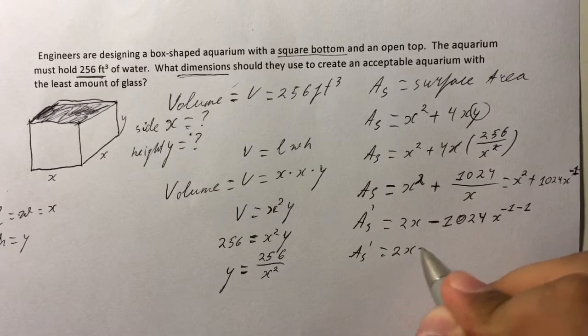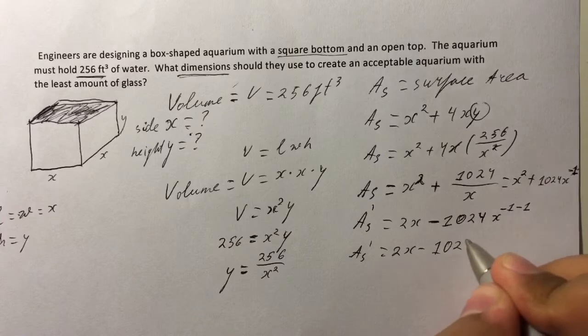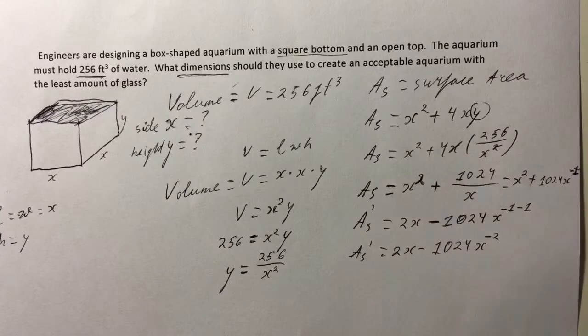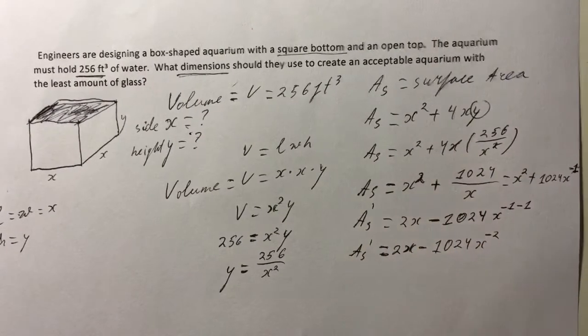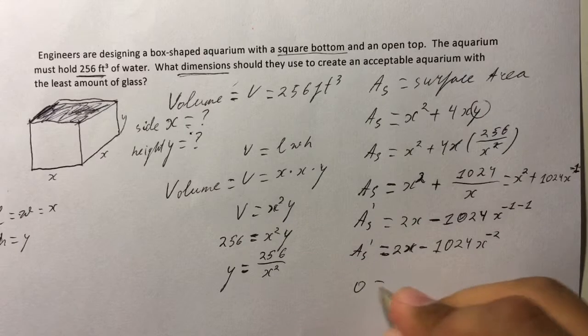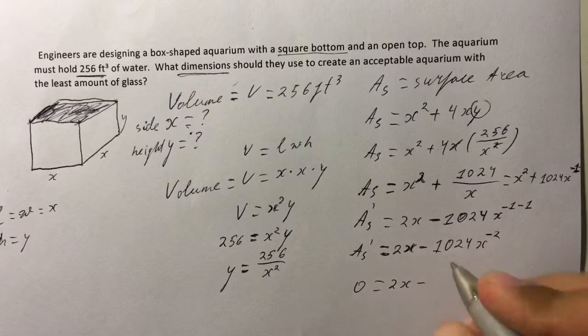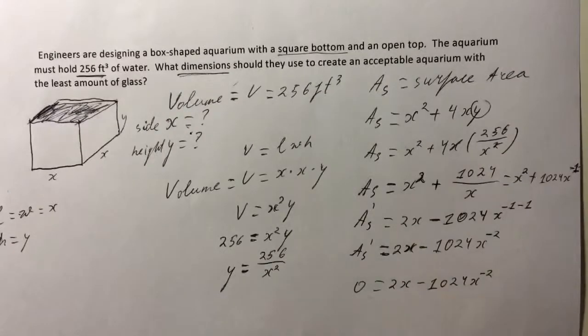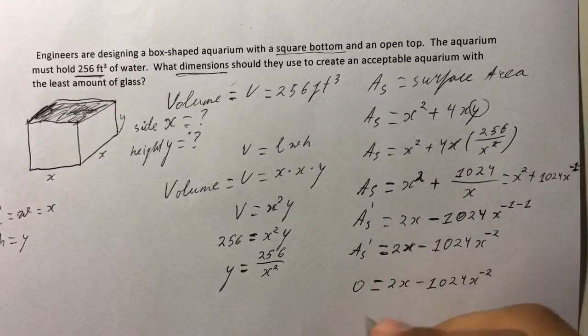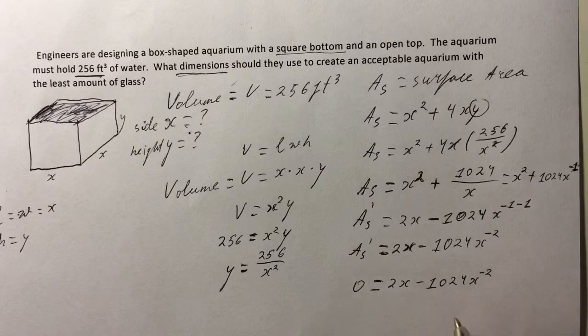Is equal to 2x minus 1024 x to the negative 2. Boom. Okay. Next thing. You gotta set this bad boy equal to 0. So 2x minus 1024 x to the negative 2. Bam. Go. Now, we're going to solve for x.